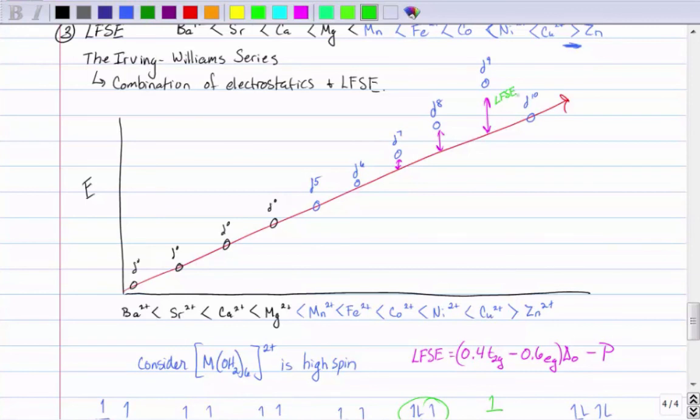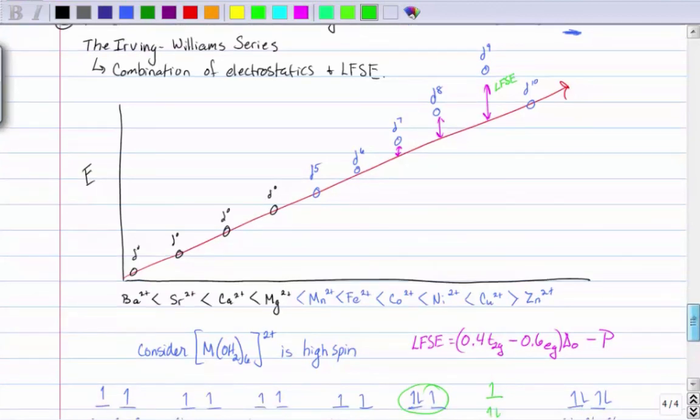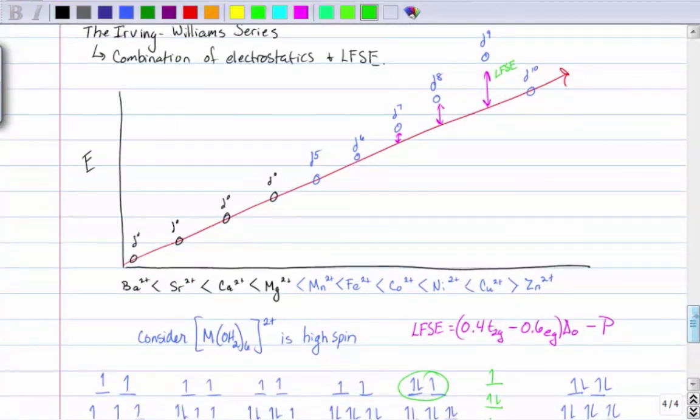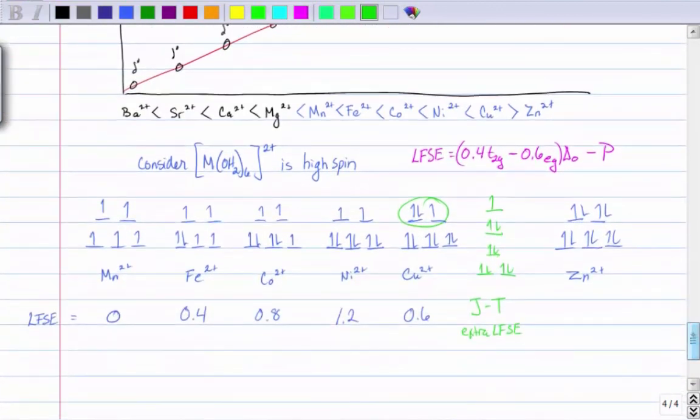So you have to understand that the d9 complex will undergo Jahn-Teller distortion, and it makes the ligands around the square plane much more stable than the ligands on the axes, but it contributes to an overall more stable complex. Any questions? Okay, so remember that Jahn-Teller theorem. It's a big theme, especially for d9 complexes like copper 2+.